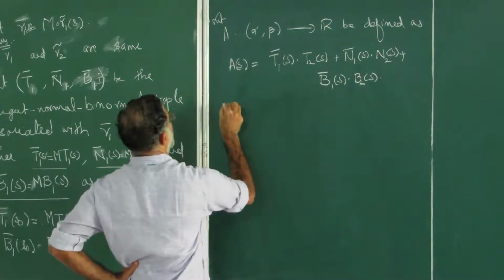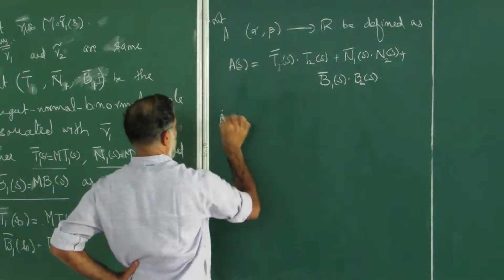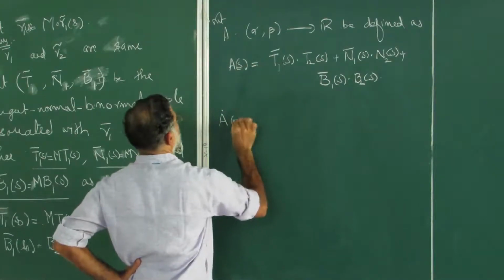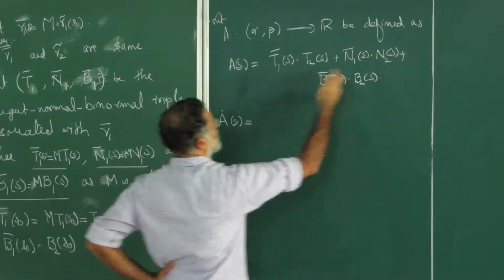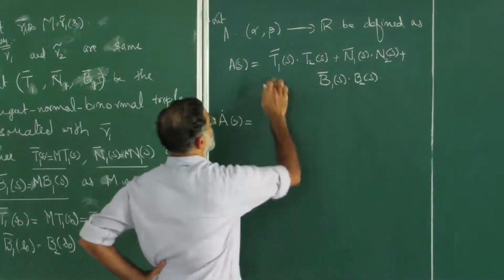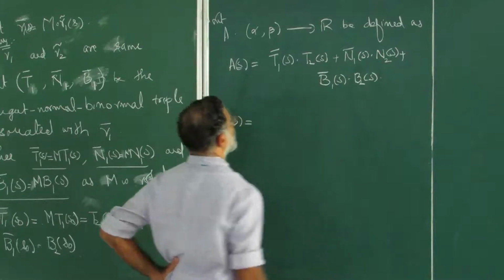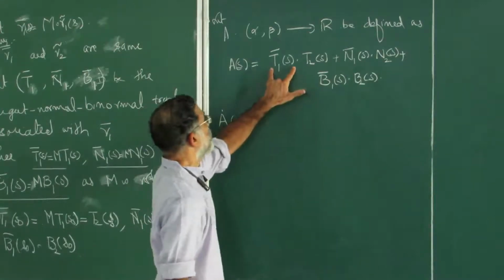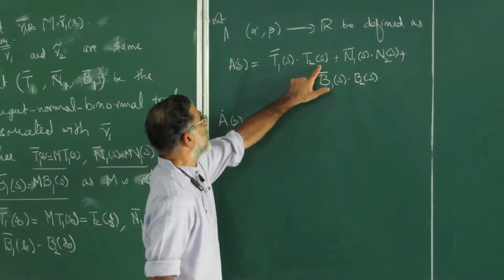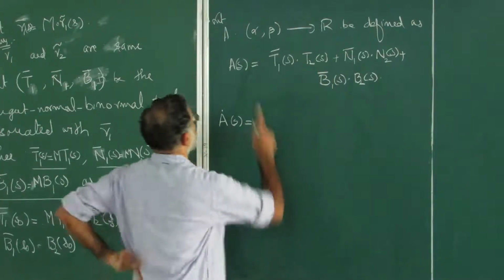This dot stands for the derivative with respect to s. So A dot s is the derivative of this plus the derivative of this plus the derivative of this, using the standard formula for the derivative of a dot product.